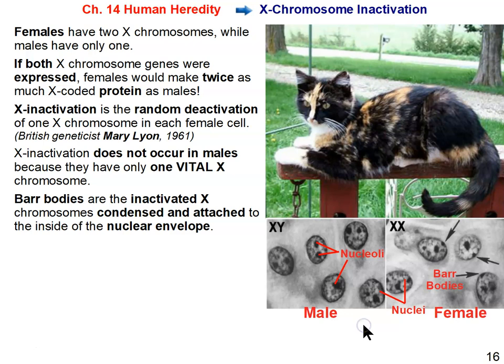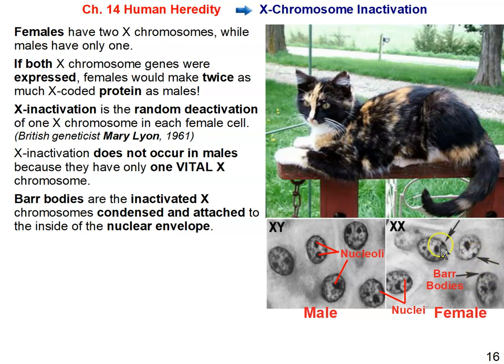And the bar bodies are being pointed to by these black arrows. So right here, that black spot there is a bar body. So it's a condensed, inactivated X chromosome attached to the inside of the nuclear envelope.